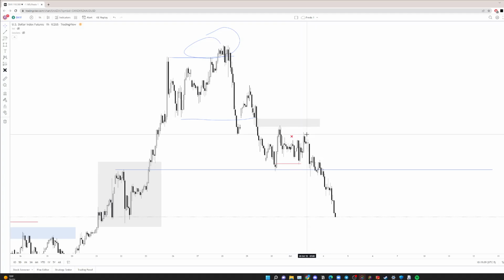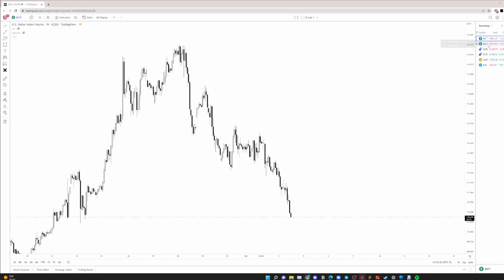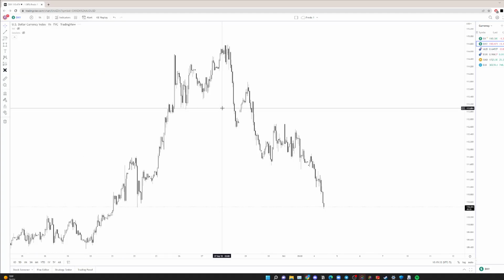That was a sign of not only continuation BOS, but a conversion slash reaction based on this H1 POI. And this is now showing us that we have structural disruption and this is a failed reaction.